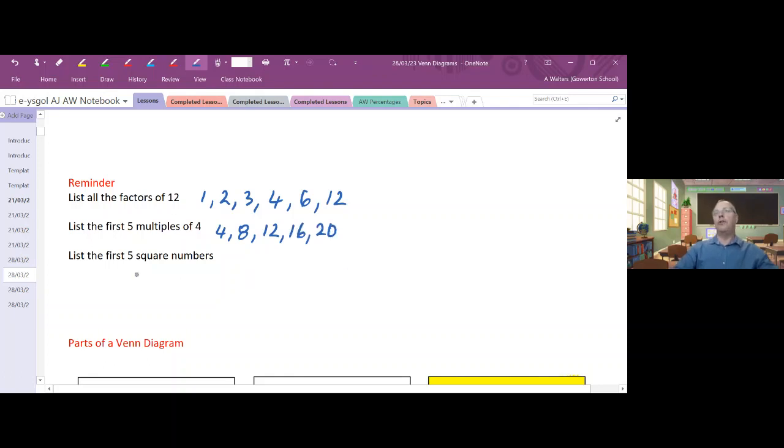Okay, and the first 5 square numbers, when you multiply a whole number by itself, the answer is a square number. So the first 5 square numbers are 1, 4, 9, 16, and last is 5 5s are 25. Okay, so we'll use that a bit later on.